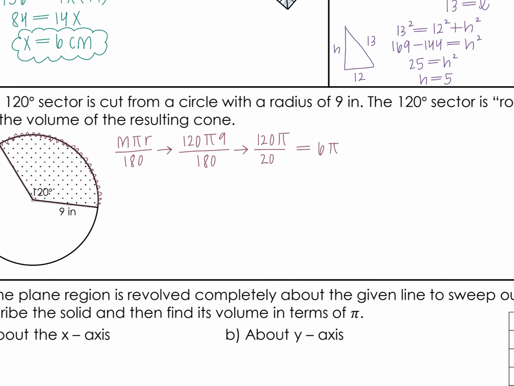So keep in mind our arc length is going to be equal to our circumference. So my circumference formula is 2 pi r is going to be equal to that 6 pi. So when I divide both sides by 2 pi, I'm left with my radius is going to be 3.